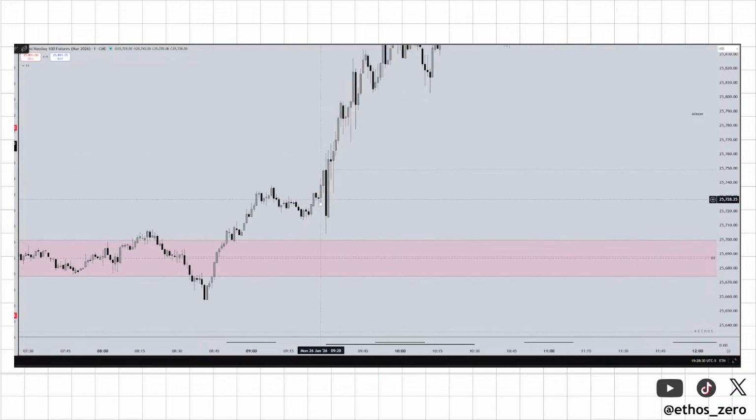Now, there was a solid 30-second inversion play. I was not looking at the 30 seconds, so I ended up missing this. But we had this low put in here. We manipulate lower, taking out liquidity, hitting off of these order blocks here, and then distributing higher. So let's go to the 30-second.